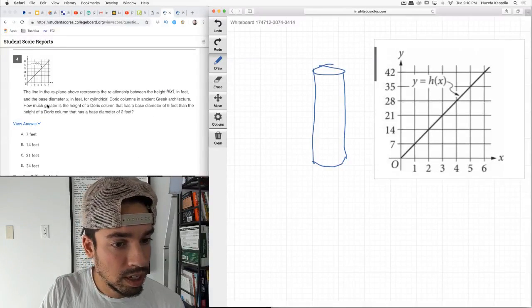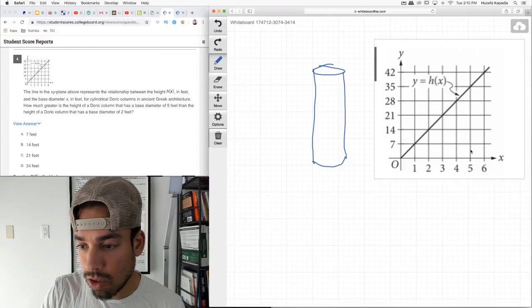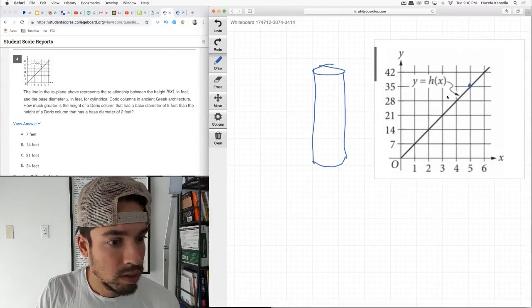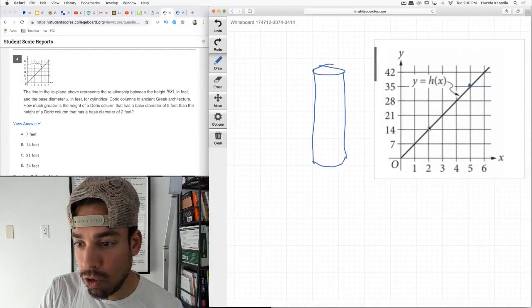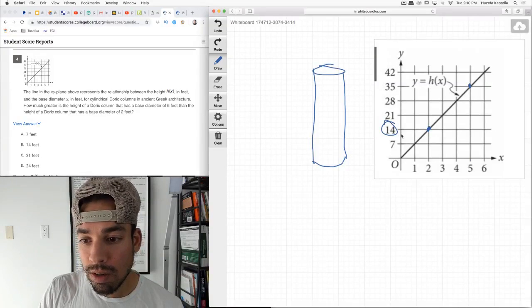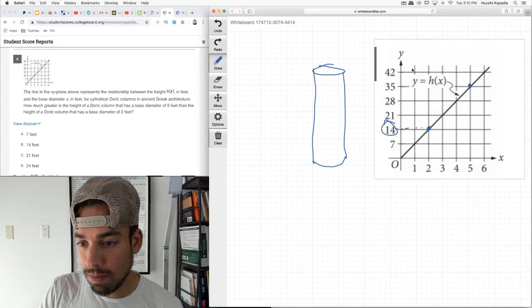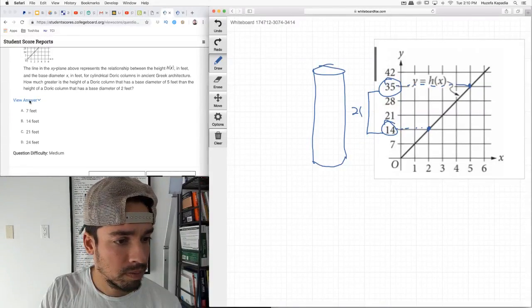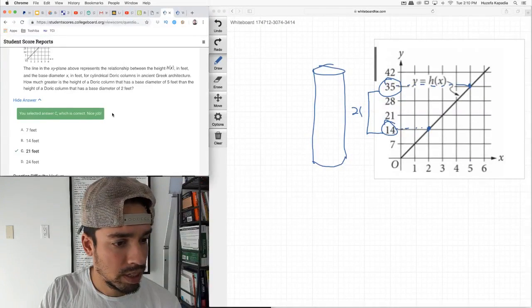And again, the base diameter is x, so here's 5. And there's my height. Then a Doric column that has a base diameter of 2 feet. So check it out. This one has a height of 14. This one has a height of 35. So how much greater should be the difference between these two? Which looks like 21 feet. And it was C. Okay.